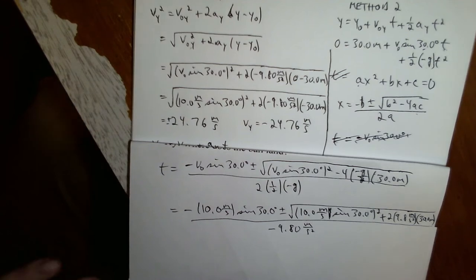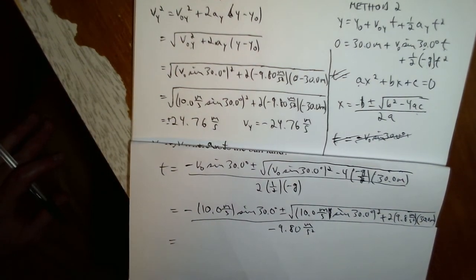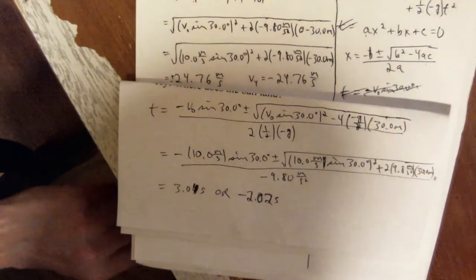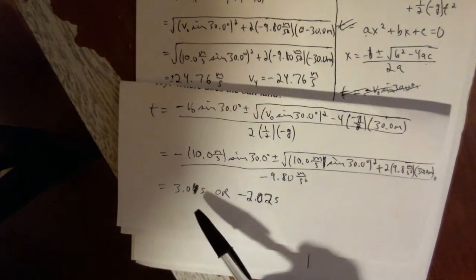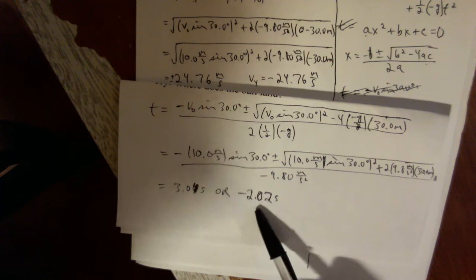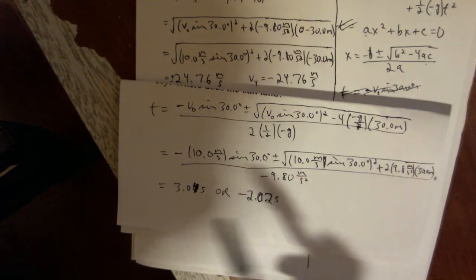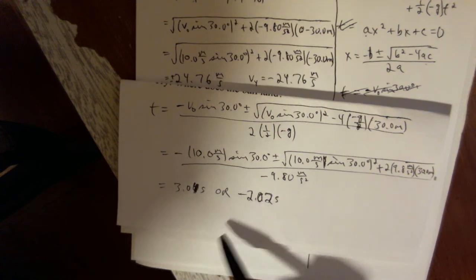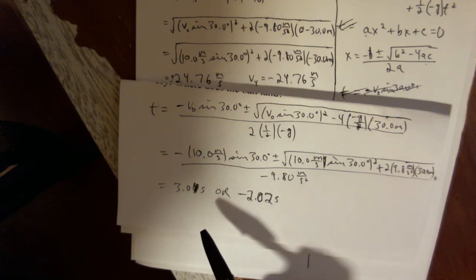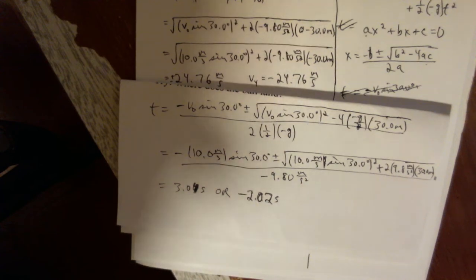I'm going to pause and calculate. So I came up with two numbers, 3.04 seconds and negative 2.02 seconds. You'll notice that they're scribbled over because I made a mistake plugging into my calculator.